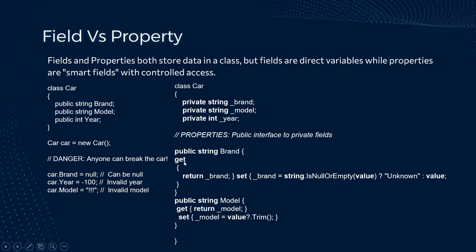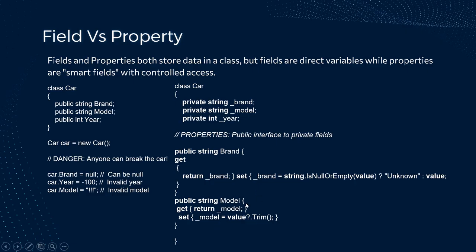We have the get, and in curly brackets we return the field, here _brand. Then we have the setter, so that we can set the fields using validations or whatever. That is the controlled access basically. So you cannot set just anything in this brand, and similarly we have it for model.